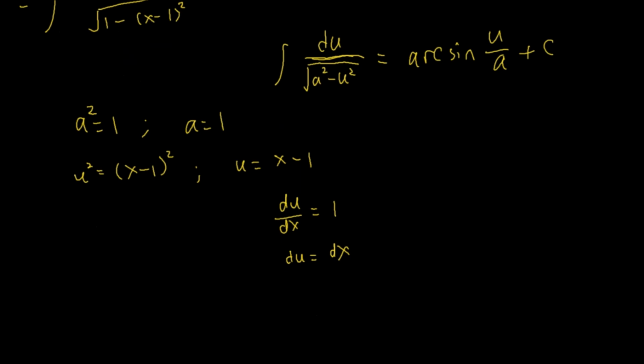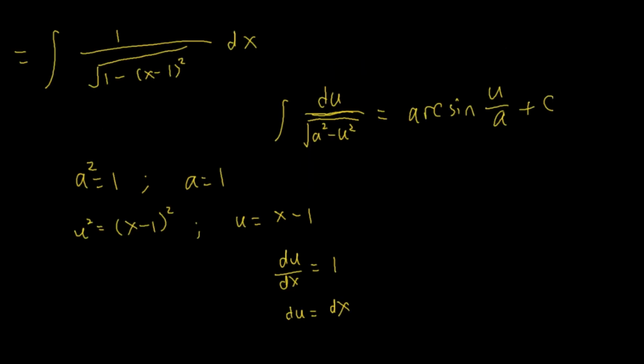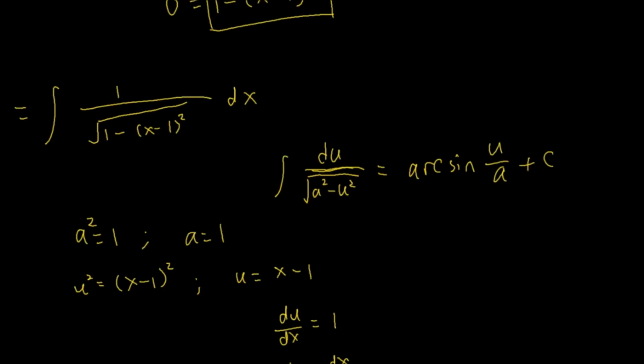So what that means is that I can rewrite this integral as the integral of dx over the square root of 1 minus x minus 1 squared, which totally fits in this form.